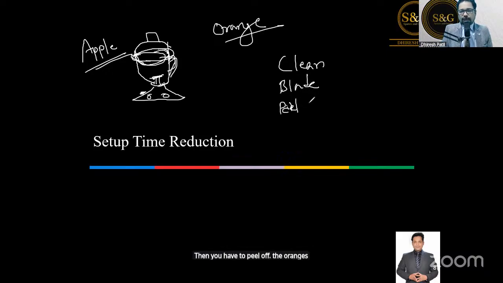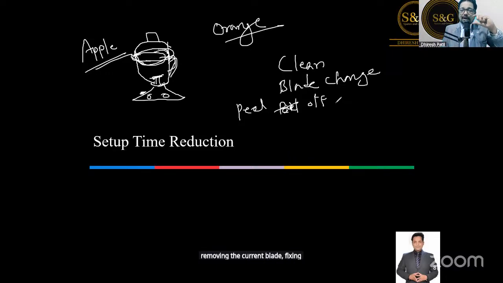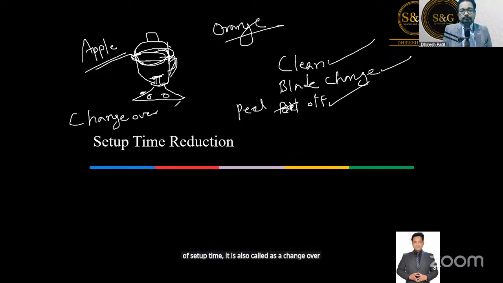Peeling off also has to happen. Then you have to change the blade. That includes removing the current blade, fixing the new blade, alignment, everything. So cleaning, blade change, peeling off, all these are activities of setup time. It is also called a changeover time.